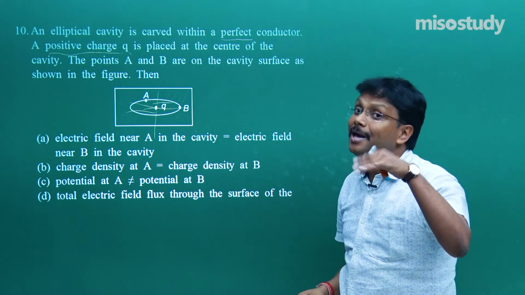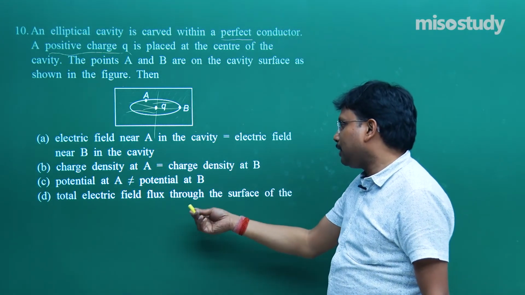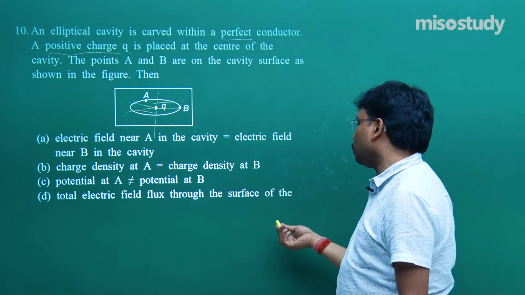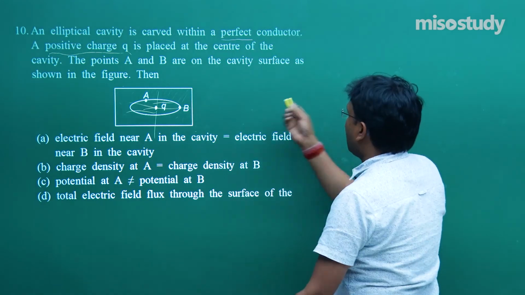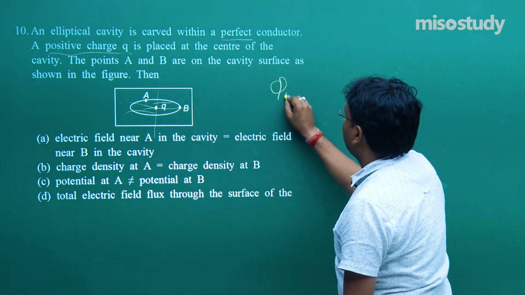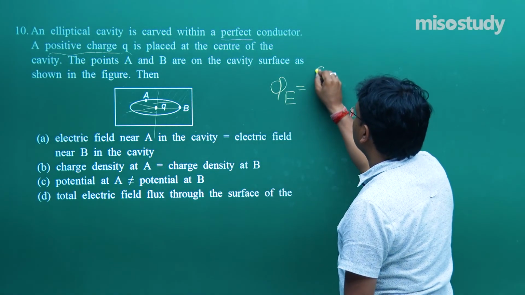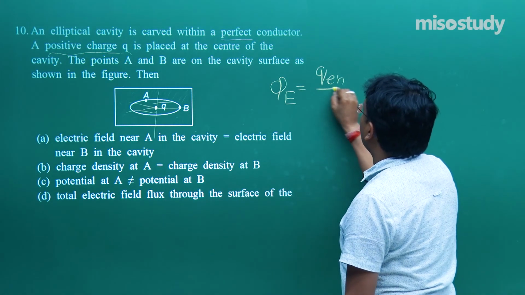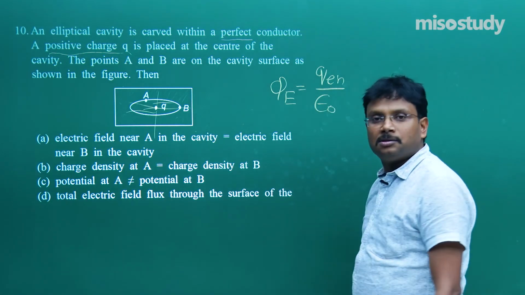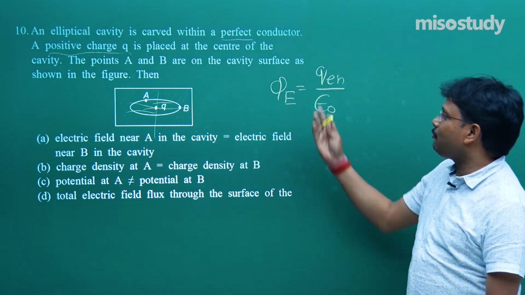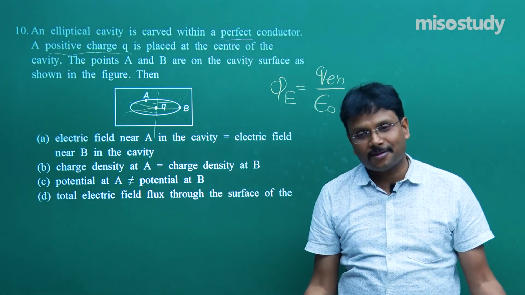So they are going to be equal. So the total electric field flux through the surface, how much is it going to be? Very simple result, Q enclosed upon epsilon naught, the famous formula, the simple formula given by Gauss.